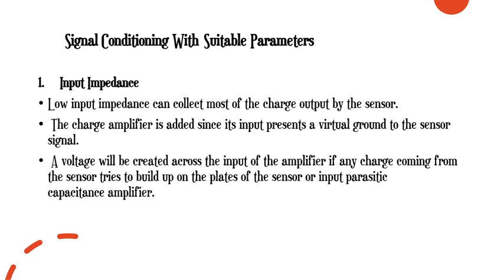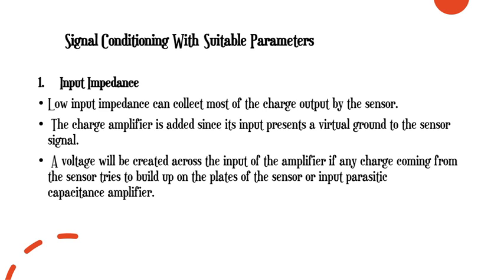Next, we move on to the parameters of the signal conditioning. The first parameter of the signal conditioning is input impedance. So, the signal conditioning circuit with low input impedance can collect most of the charge output by the sensor.